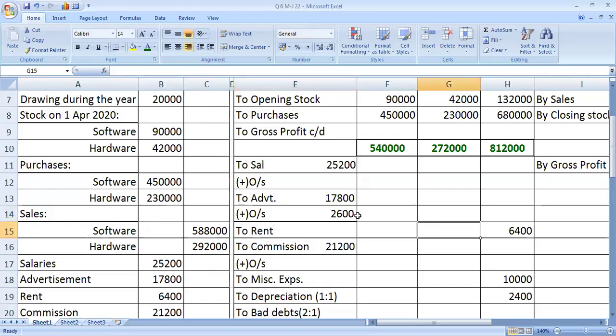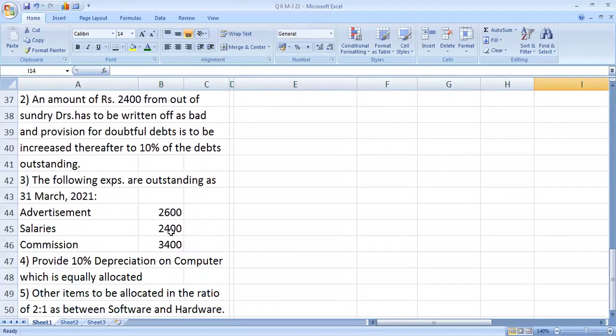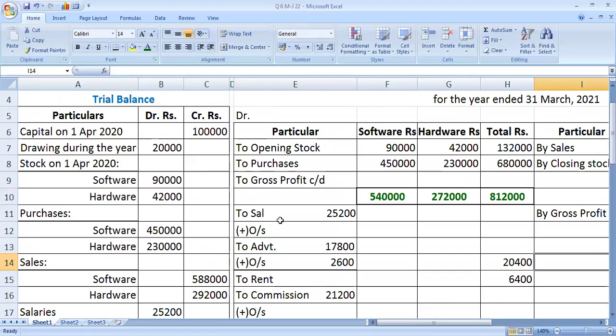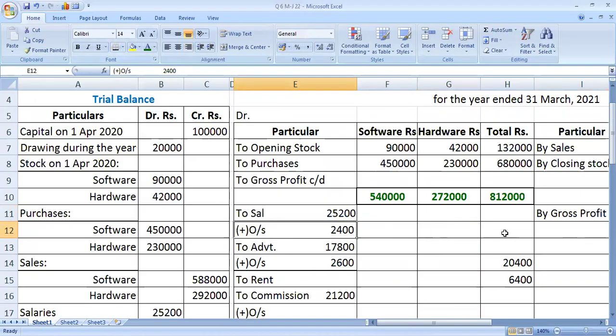17,800 plus 2,600, 20,400 total advertisement. Next item, 2,400 salary, outstanding salary, add in salary 2,400, 25,200 plus 2,400, 27,600.